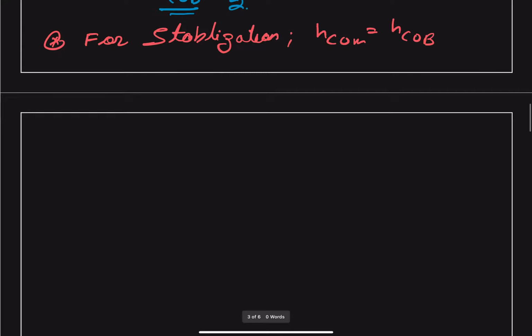We substitute the values and we get M L by 2 divided by M plus small m is equal to h by 2.